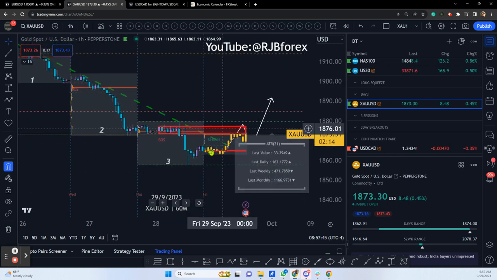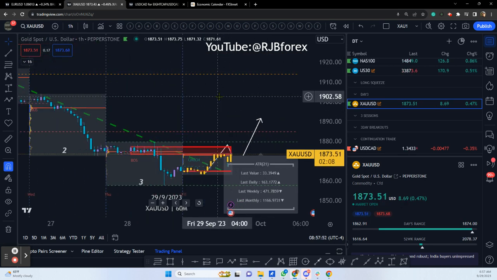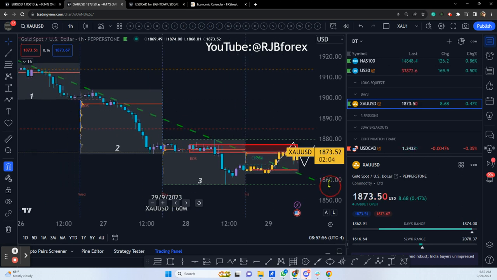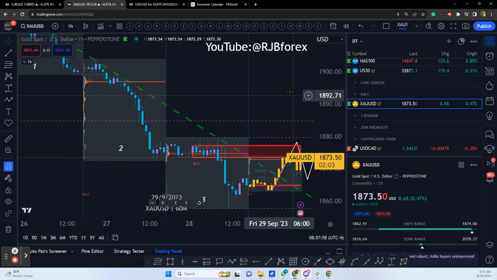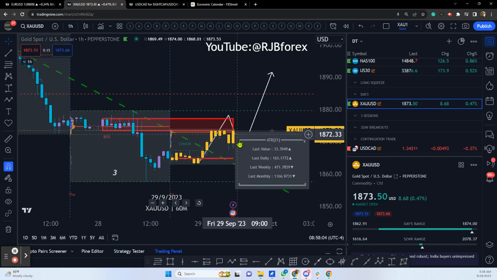The thesis is we're going up. We've got 3 days of breakouts of the range. We're out of balance. So we're looking to rebalance at the end of the week, end of the month, end of the quarter. And we're looking for a move up in gold. So we've got the drop, and now we're looking for the pump up.